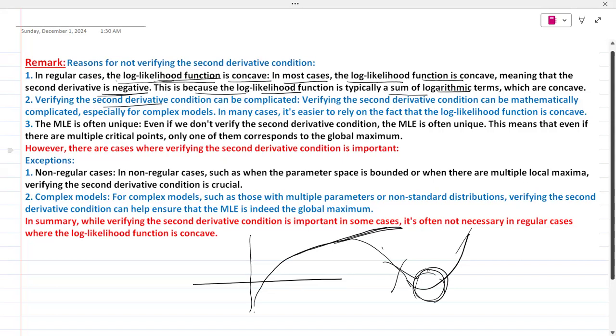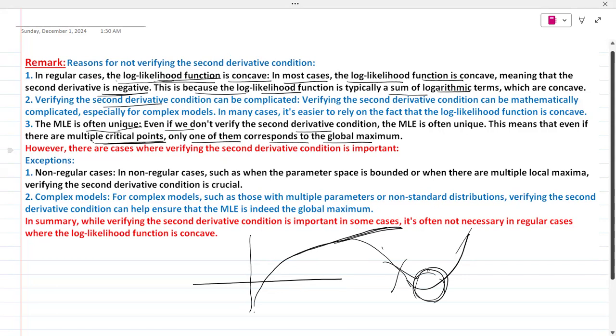Now, the MLE is often unique, even if we don't verify the second derivative condition. This means that even if we have multiple critical points, only one of them corresponds to the global maximum. So these are the various reasons.